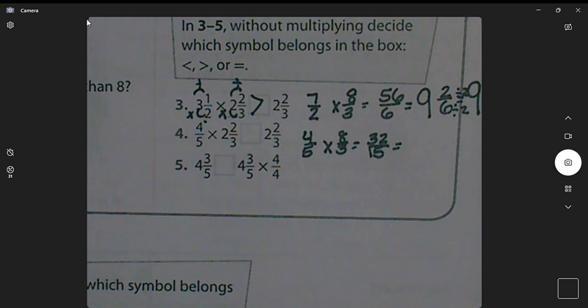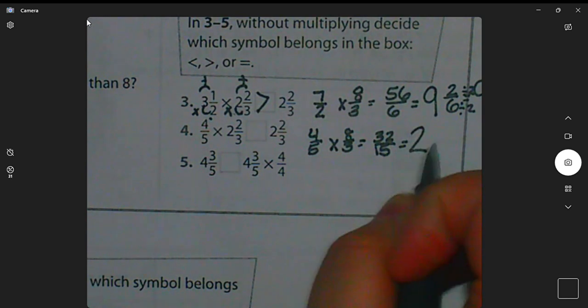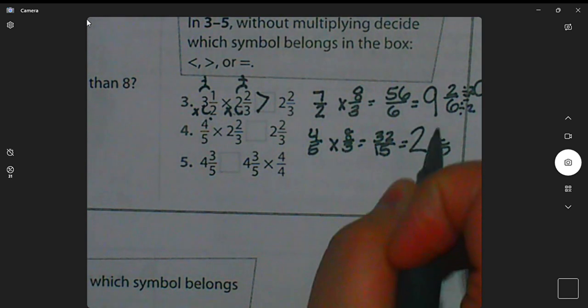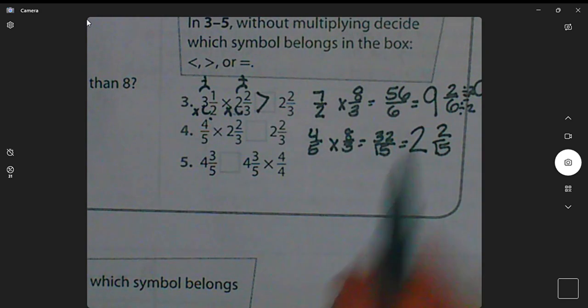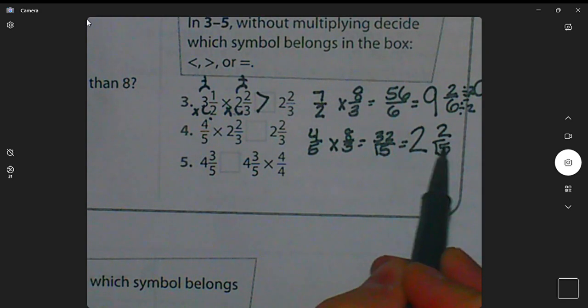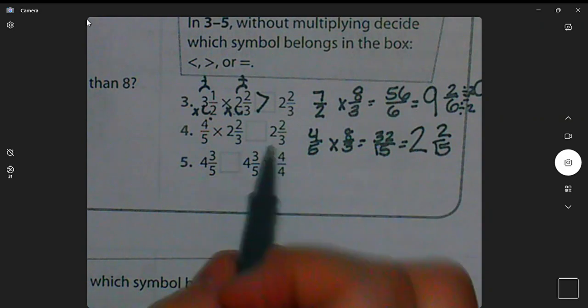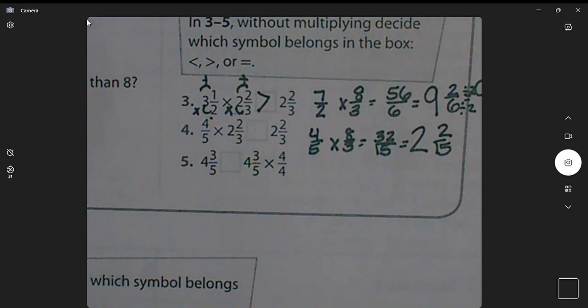It's 2. 15 times 2 is 30. So I have 2 left over. 2 and 2/15 is greater than, less than, or equal to 2 and 2/3.